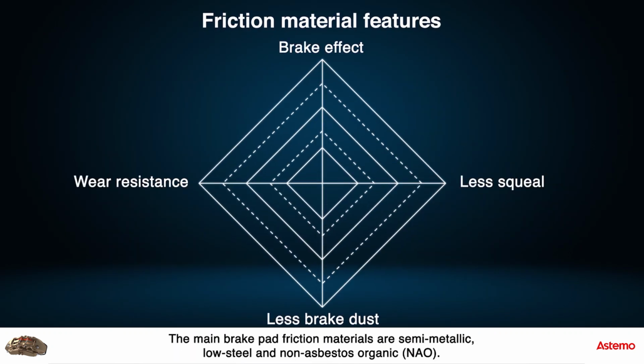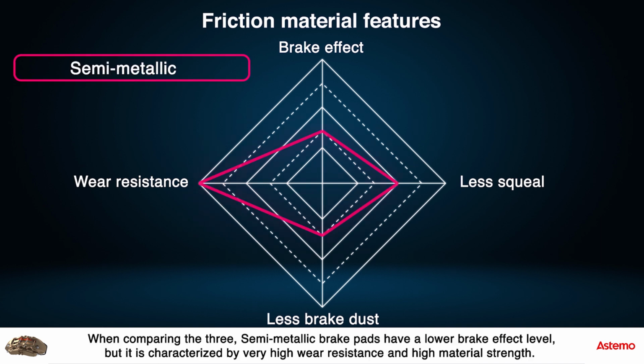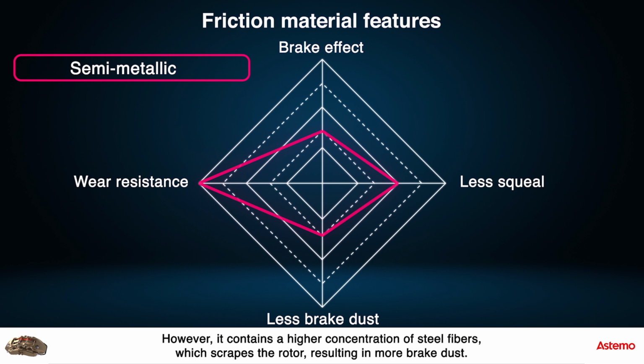The main brake pad friction materials are semi-metallic, low steel and non-asbestos organic (NAO). When comparing the three, semi-metallic brake pads have a lower brake effect level, but are characterized by very high wear resistance and high material strength. However, they contain a higher concentration of steel fibers, which scrapes the rotor, resulting in more brake dust.